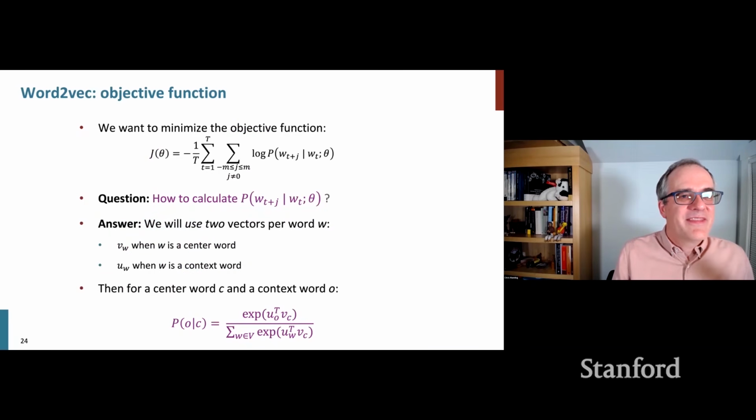Okay, so that's the setup, but we still haven't made any progress in how we calculate the probability of a word occurring in the context given the center word. And so the way we're actually going to do that is we have vector representations for each word, and we're going to work out the probability simply in terms of the word vectors. Now, at this point, there's a little technical point.